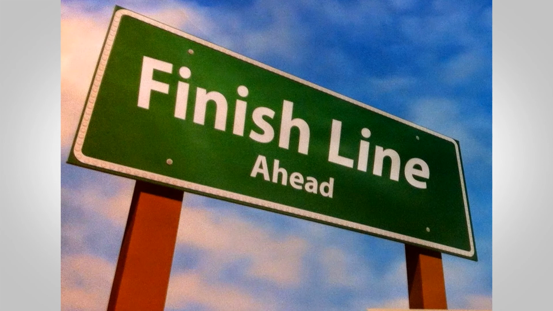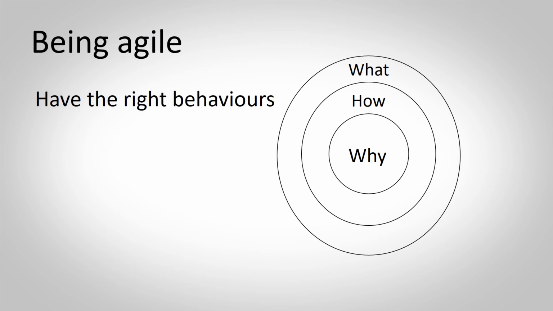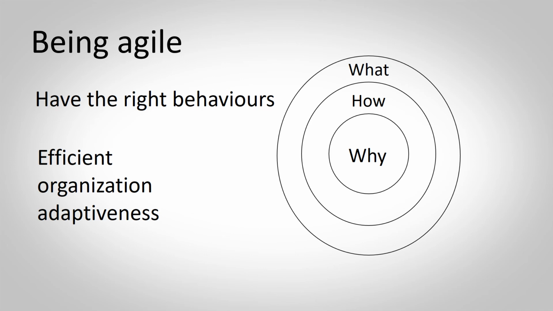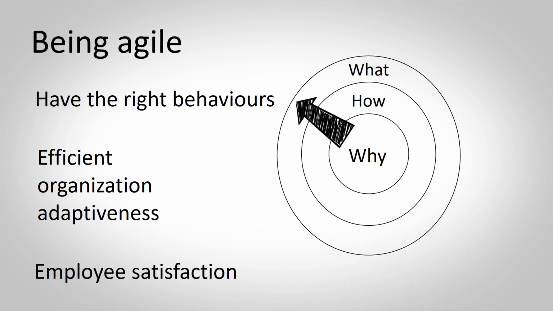Here, moving forward, we are using Simon Sinek's Golden Circle for being agile. So you're ensuring you have the right behaviors and you're an efficient organization with adaptiveness, and you're ensuring employee satisfaction when you're moving from the why to the what. So again, P4 is the what. The behaviors and discipline behind the use of P4 are the why.